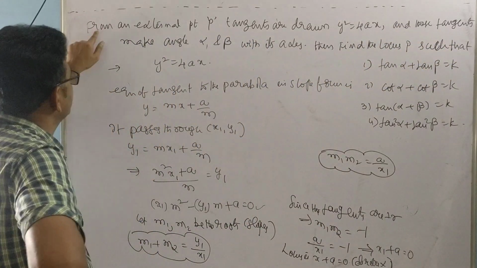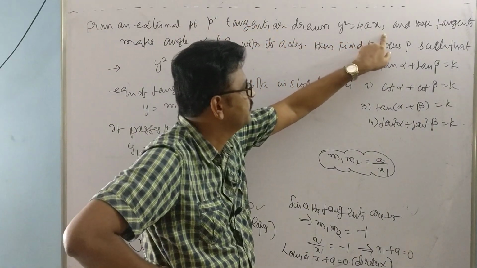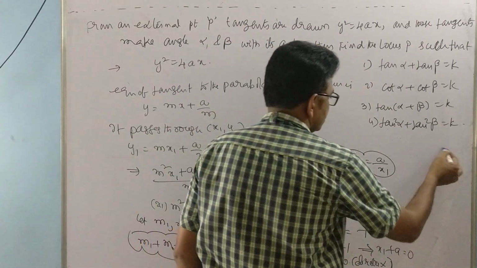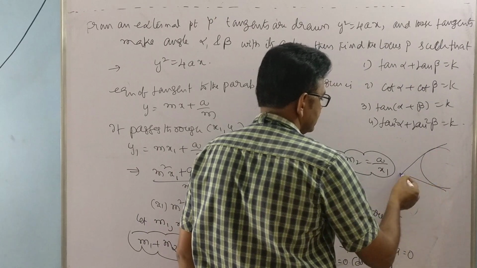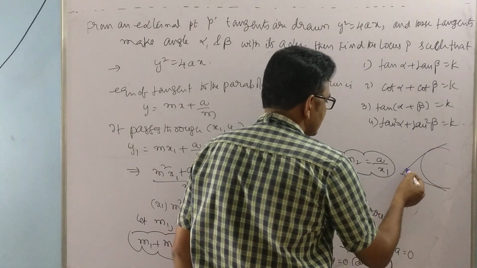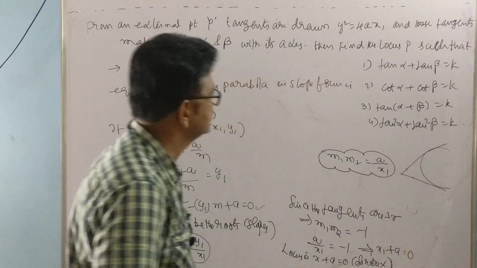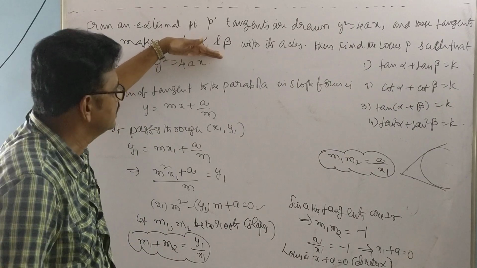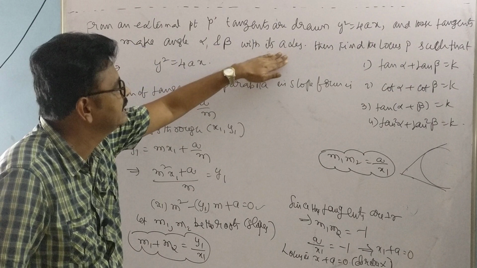Here, from an external point P, tangents are drawn to the parabola y square equal to 4x. So this is one tangent and this is another tangent. This makes an angle alpha with the x-axis, and this makes an angle beta with the x-axis. The first tangent makes an angle alpha, the second makes an angle beta with its axis.